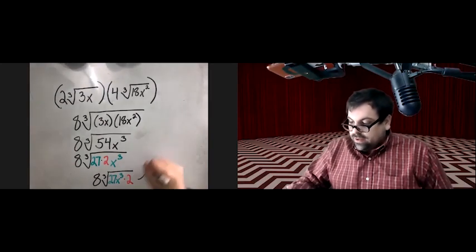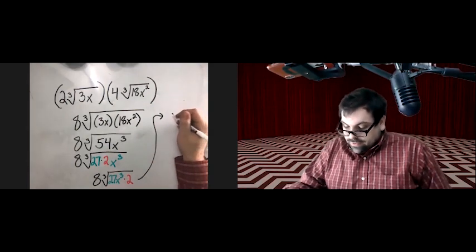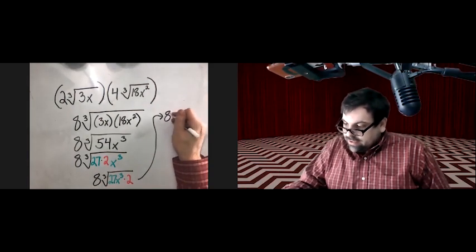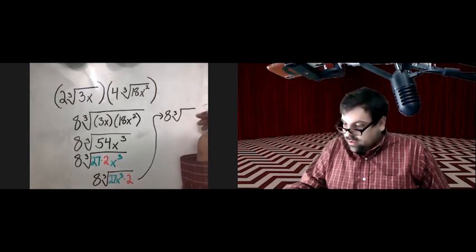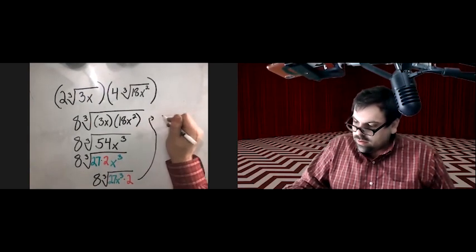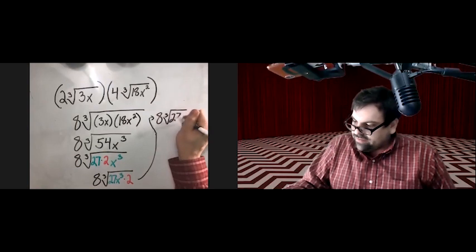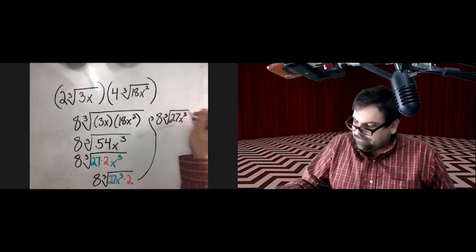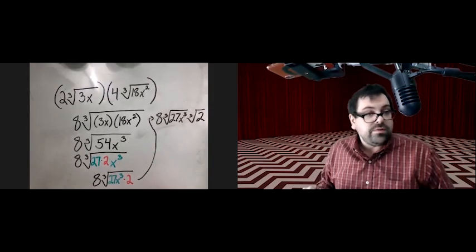That's going to be 8 times the cube root of 27x cubed times the cube root of 2.